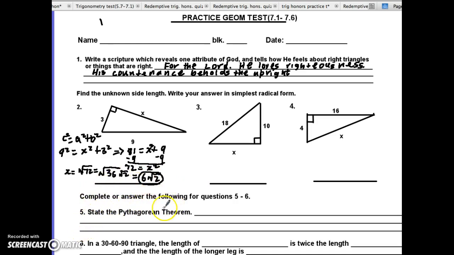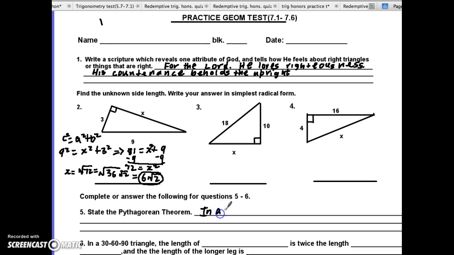Now let's take a look at some more concepts here. For numbers 5 and 6, complete or answer the following questions. State the Pythagorean theorem. And I trust you'll be able to do that. And that simply says in a right triangle, I told you, there's nothing wrong with this triangle.